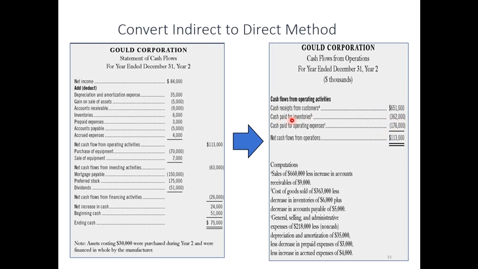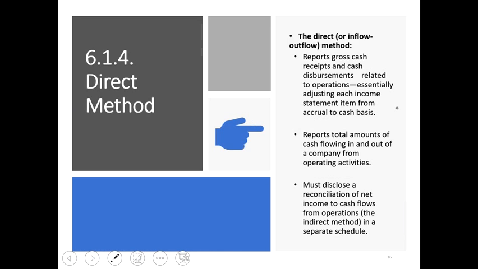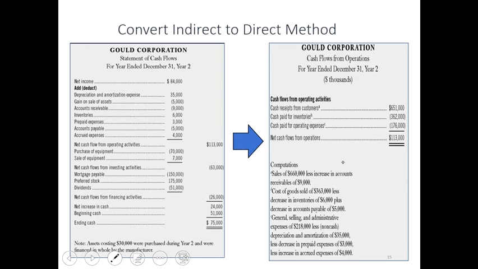Cash paid kan, kalau paid je you kena buat kurungan. Kalau receipt, kita tambah je. Tu, ni cash in, ni cash out. Okay, so dia reports total amounts of cash flowing in and out of a company from operating activities. Daripada operating activities kan dia buat. This one. Tu maksud dia.